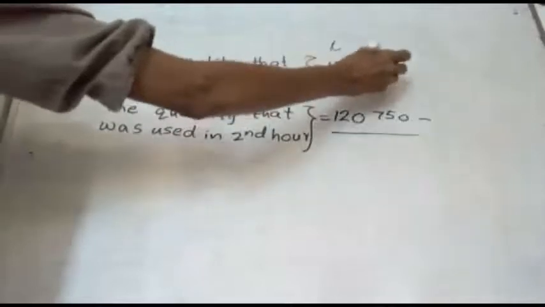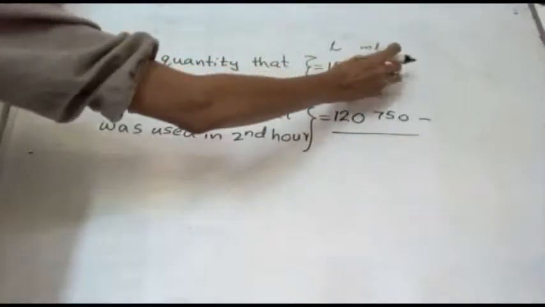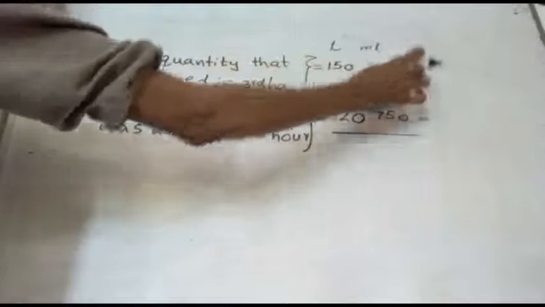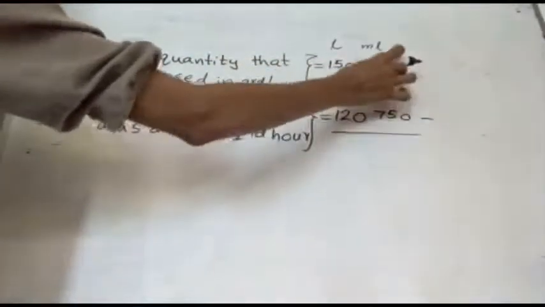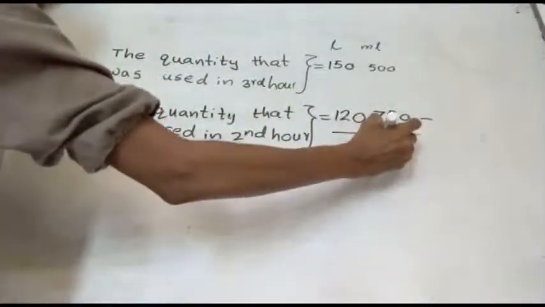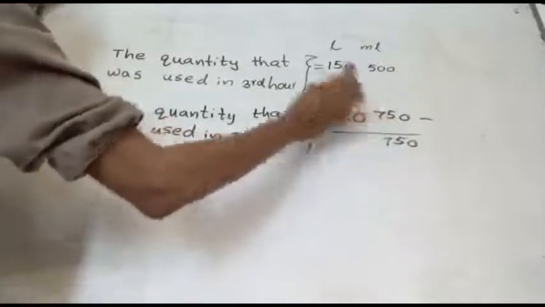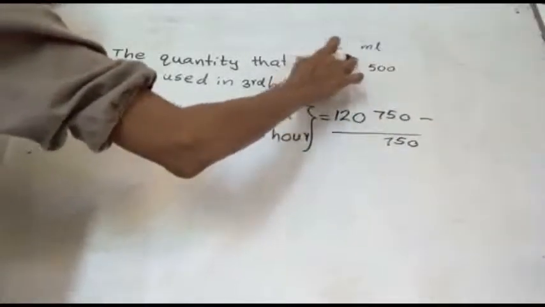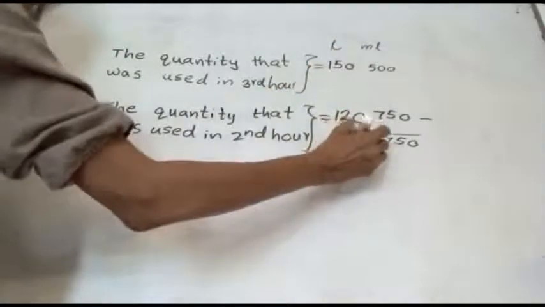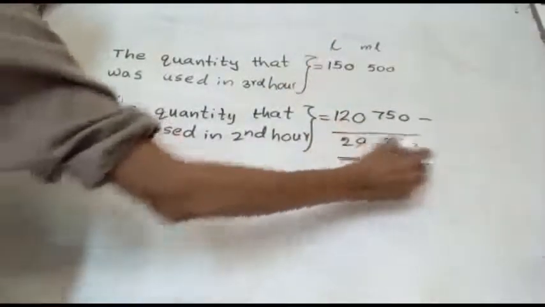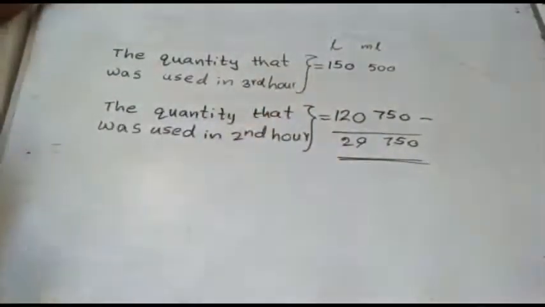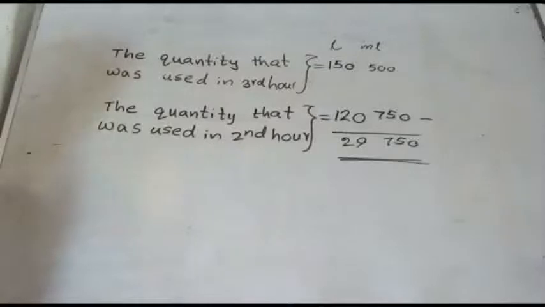We take 1 from here, then 1500 milliliters here. 750 subtract from 1500 is equal to 750. Now 149 is remaining here. Here 29. The answer is 29 liters and 750 milliliters. Do you have this answer? Yes.